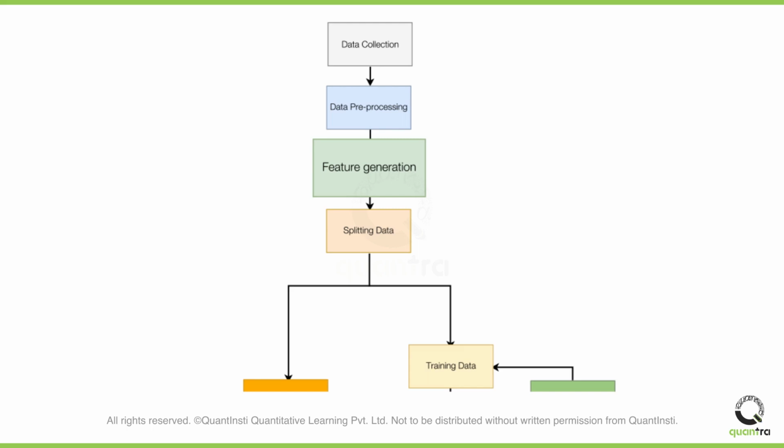That OHLCV data is raw data, so you need to generate features from that. You generate features by doing some transformations, like calculating returns. Returns could be one of the features, or people use technical indicators. People also use statistical transformations on the data, so that something important can be extracted from it and features can be constructed.